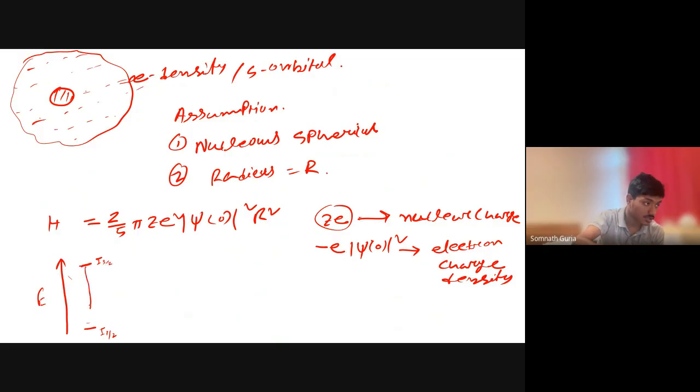This is the ideal scenario. But what we get is because of my nucleus and electron interaction.